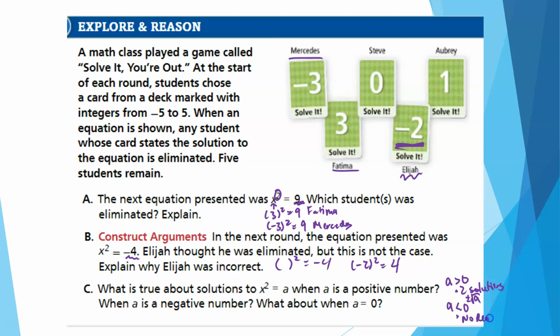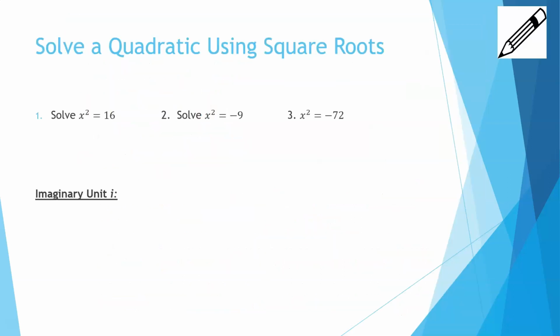So no real solutions. And then if a equals 0, well then we just have one solution, just 0. Now, this lesson is about this idea of when a is less than 0, because there aren't any real solutions, but today we're going to learn about how we can still solve those problems.